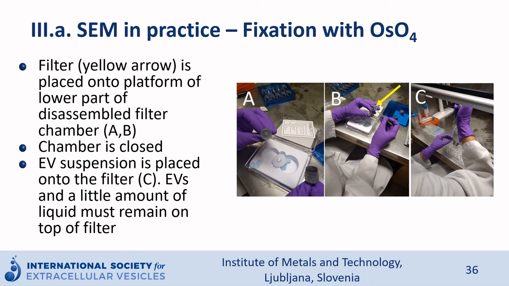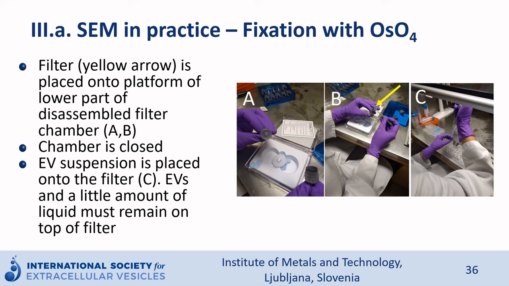Here we briefly show how the sample is fixed with osmium tetroxide on a paper filter. Osmium tetroxide is toxic, therefore the procedure is performed in a hood. Nitrile gloves are used. The yellow arrow points to a chamber with a hole on top through which the compounds can be added by syringe.